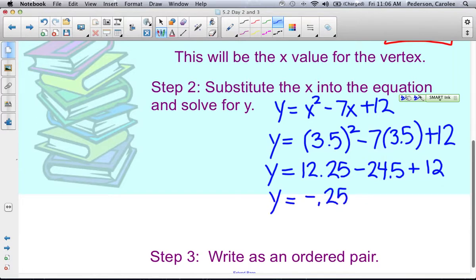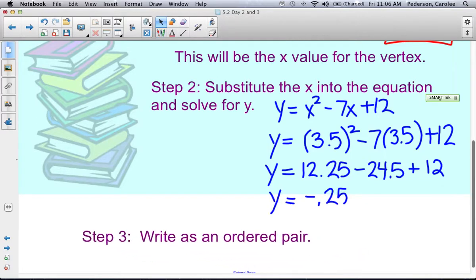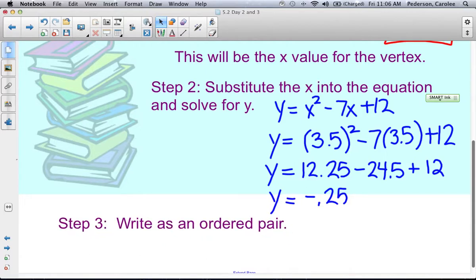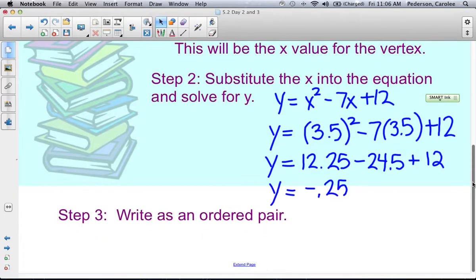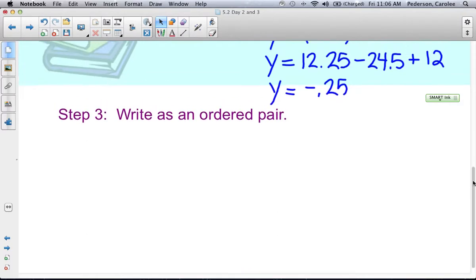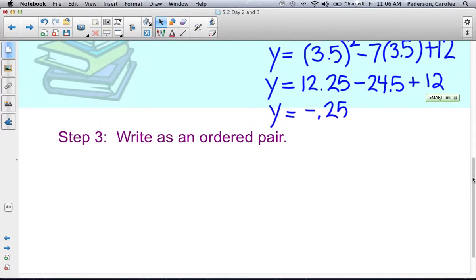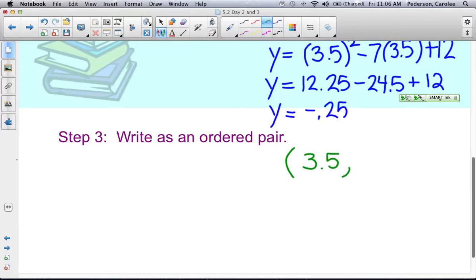So then we write, as the final step, the ordered pair x, y. So our final answer for the vertex of this problem is 3.5, comma, negative 0.25.